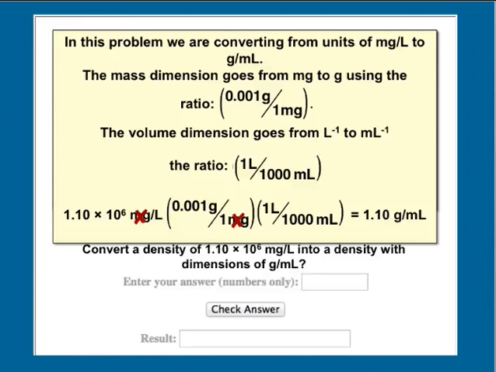So this liter and this liter will cancel. And we simply do our calculation. This turns out to be 1.1, exactly the same number we started with. We're going from a factor of 10 to the 6th to a factor of 1.